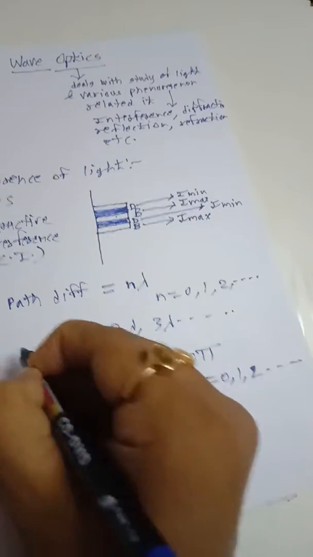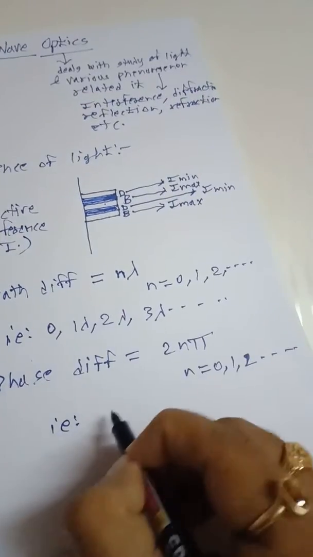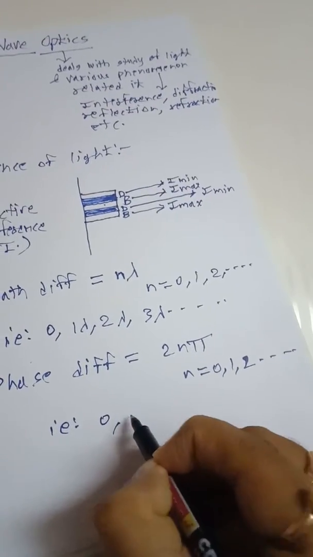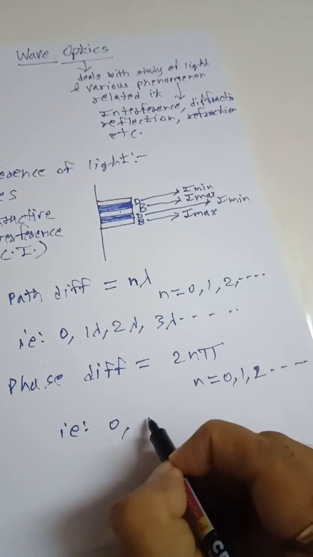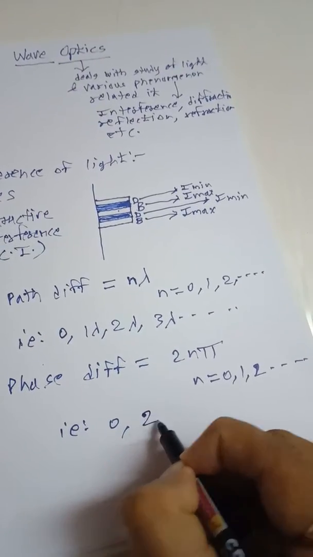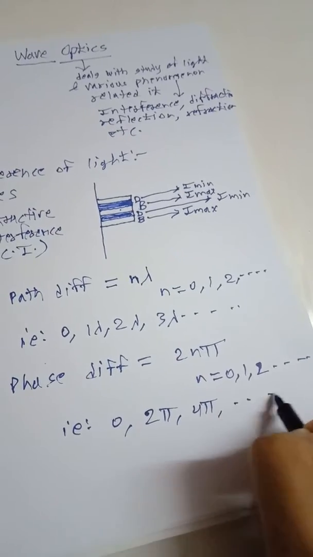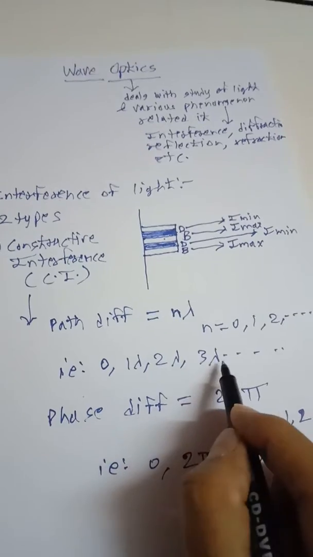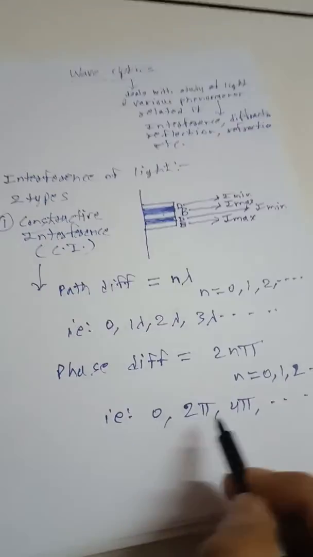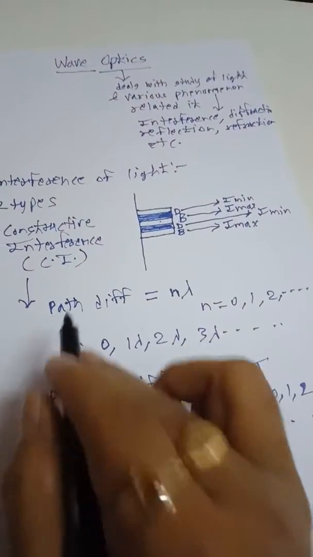That is, we can say the phase difference should be 0, and this can be 2 pi, 4 pi and so on. These are even multiples of pi, and here all integral multiples of lambda. So pi-multiple phase difference and lambda-multiple path difference.